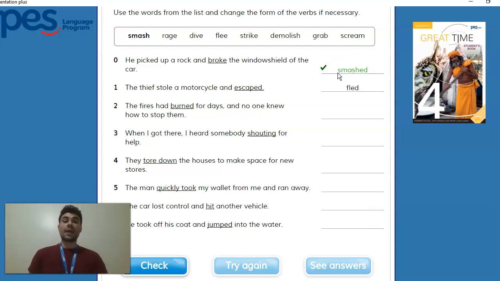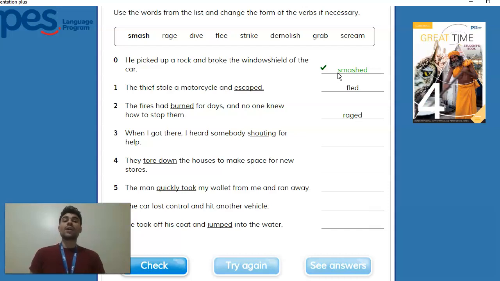It's fled. Very good. Now 2. The fires had burned for days, and no one knew how to stop them. So they had burned for days, like really, really strong. So the fires had raged for days.